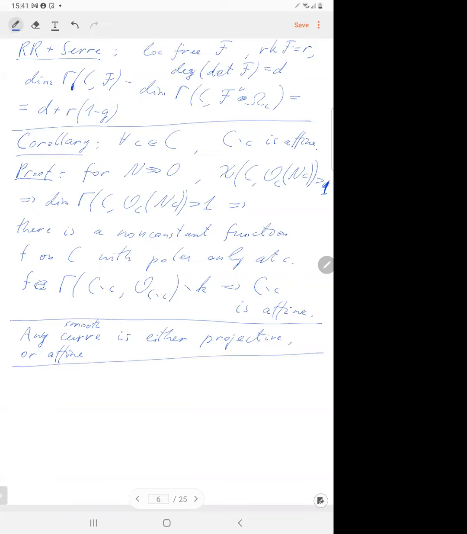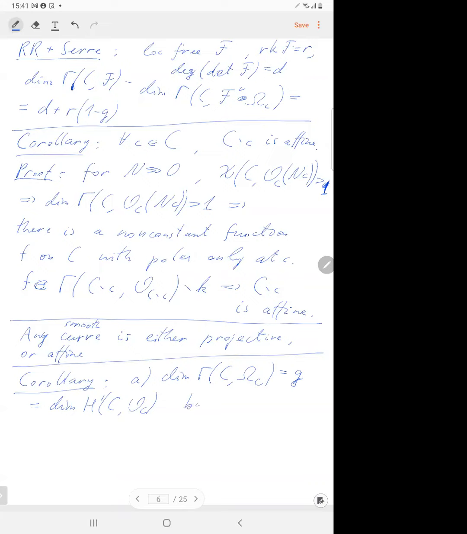Now, the other immediate corollaries are as follows: that the dimension of global sections of the differential sheaf is g. This is the same as the dimension of the first cohomology of the structure sheaf, just because those two spaces are dual.